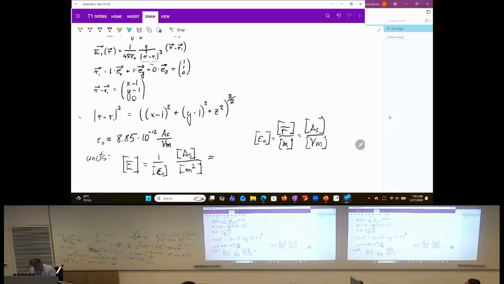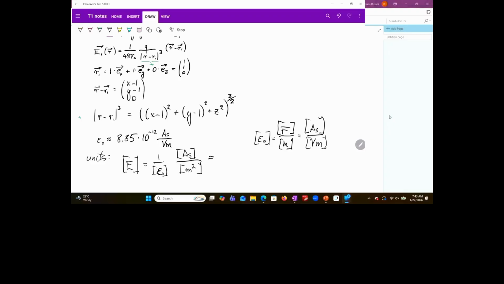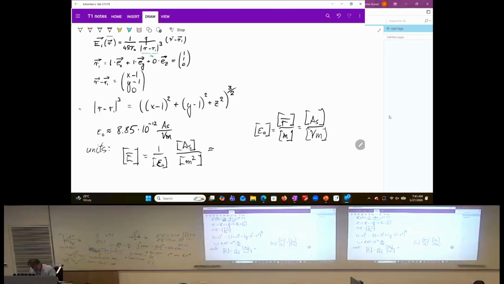So let's insert that here. That means here in the first part, we have voltmeter per ampere seconds times ampere seconds per meter square. So this crosses out. You have 1 meter that falls out, and then just sanity check.